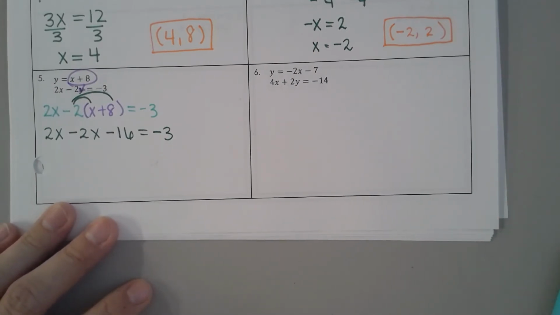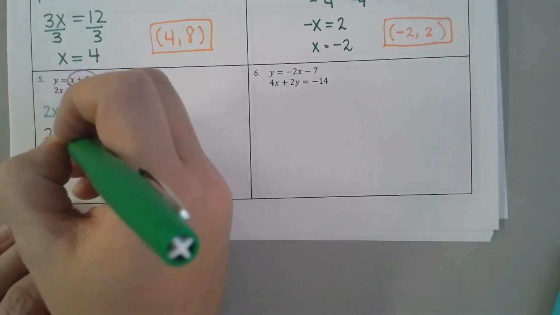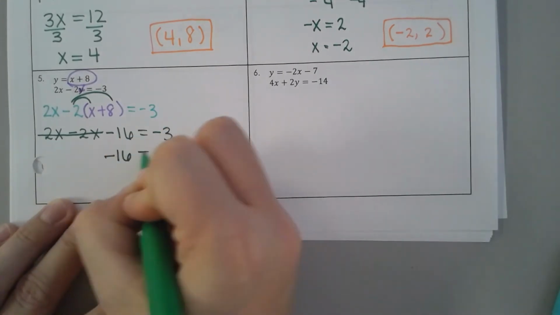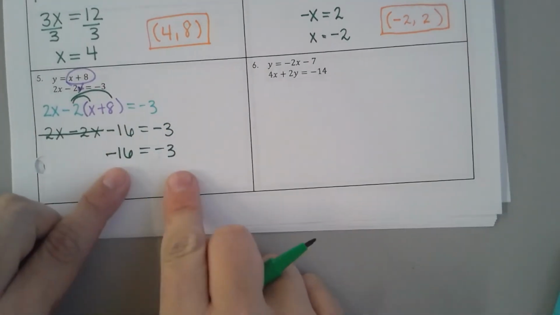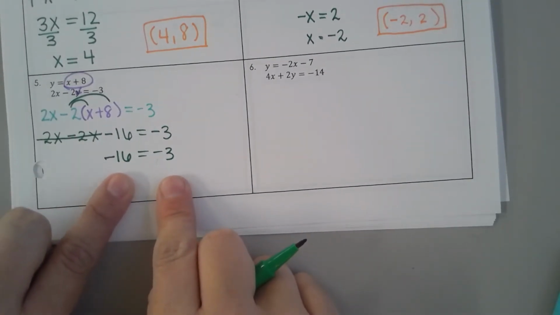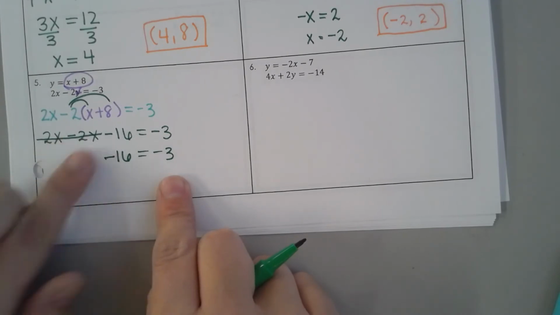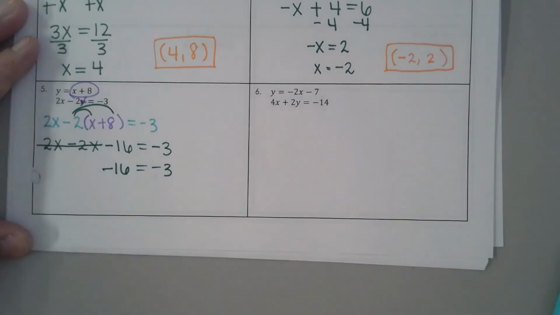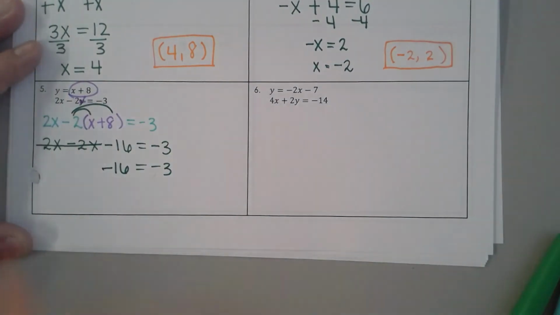What happens to your x's? They combine to be what? They make 0. So they actually cancel out because 2x minus 2x is 0. So those cancel, and we're left with negative 16 equals negative 3. There's no variables left. Is negative 16 and negative 3 the same thing? Nope. So when all the variables cancel out and we're left with two different numbers, that would be no solution.